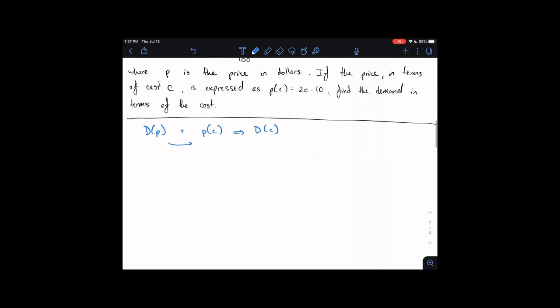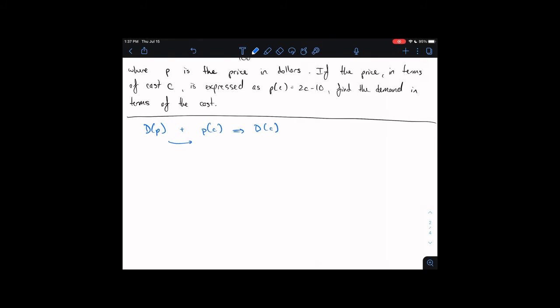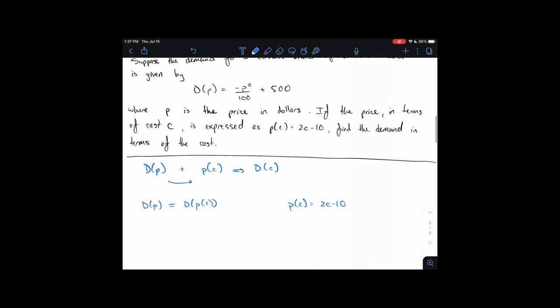Well, this is fairly straightforward. d of p is a function of p, but if we take p as a function of c, we can write this as d of p of c. Remember, p of c is equal to 2c minus 10, so wherever we see a p, we can just put in 2c minus 10.